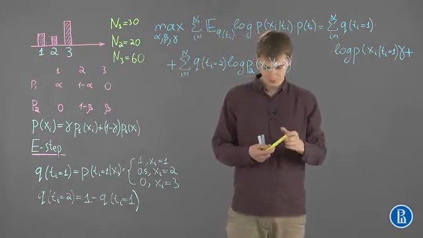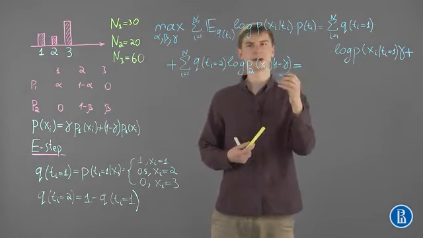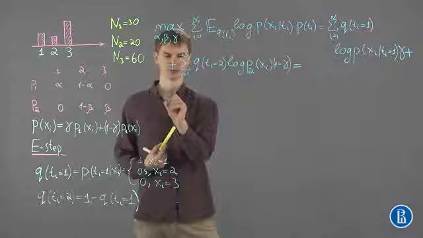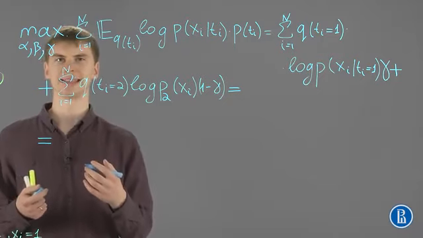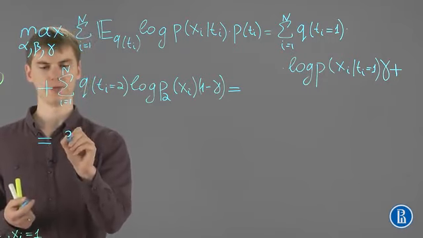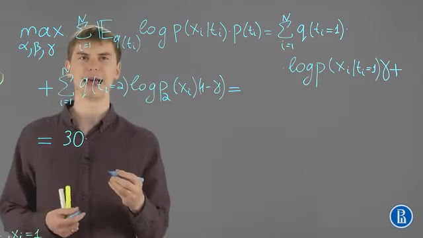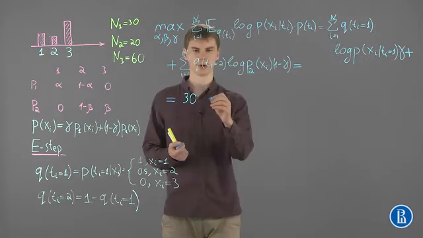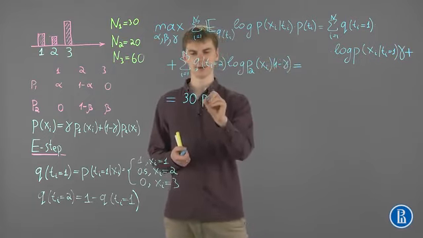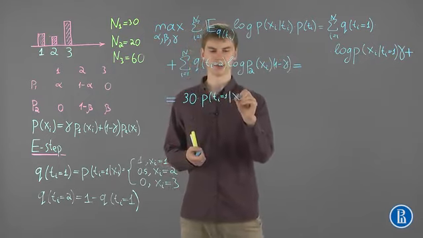Now we're going to write this thing, and instead of writing a sum with respect to objects everywhere, let's decompose it into three terms. The first of them corresponds to Xi equal to 1, and so on. So there will be 30 terms equal to each other. That corresponds to the Xi's that are equal to 1, right? And so Q of Ti equal 1, in this case, will be just P of Ti equal 1 given that Xi equal 1.